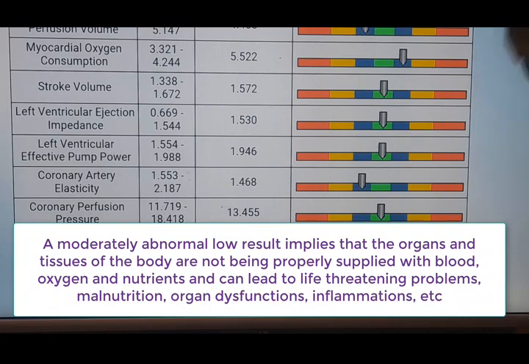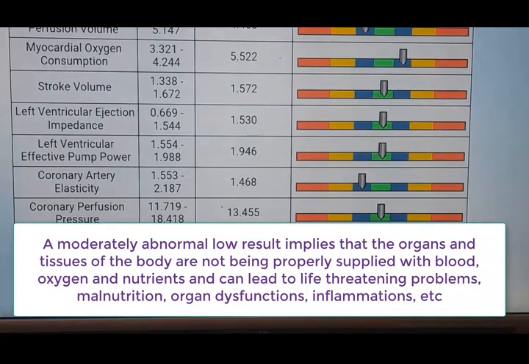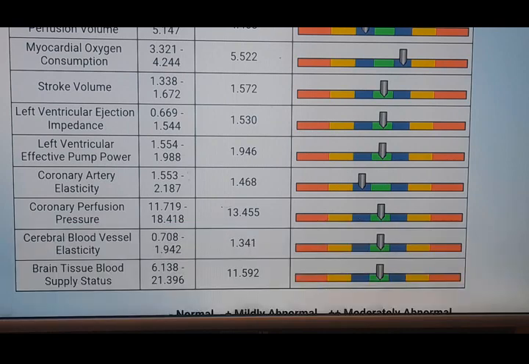It implies that less than two-thirds of the volume of blood is going out, which is not enough and can lead to life-threatening problems. When the body is not receiving sufficient oxygen and nutrients, there will be malfunctions. This is where you begin to have organ dysfunction, tissue dysfunction, inflammation here and there, and so on. So that is what we have for interpretation of the result.